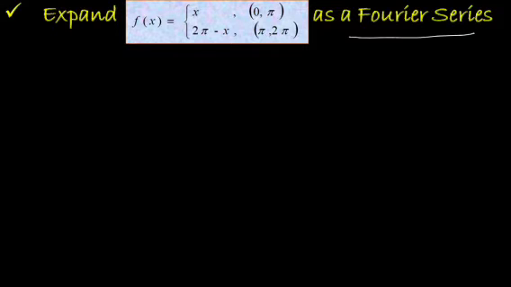So here the length of the interval is 2 pi, 0 to 2 pi, but from 0 to pi, the function f of x takes the value x, whereas from pi to 2 pi, the function f of x takes the value 2 pi minus x.